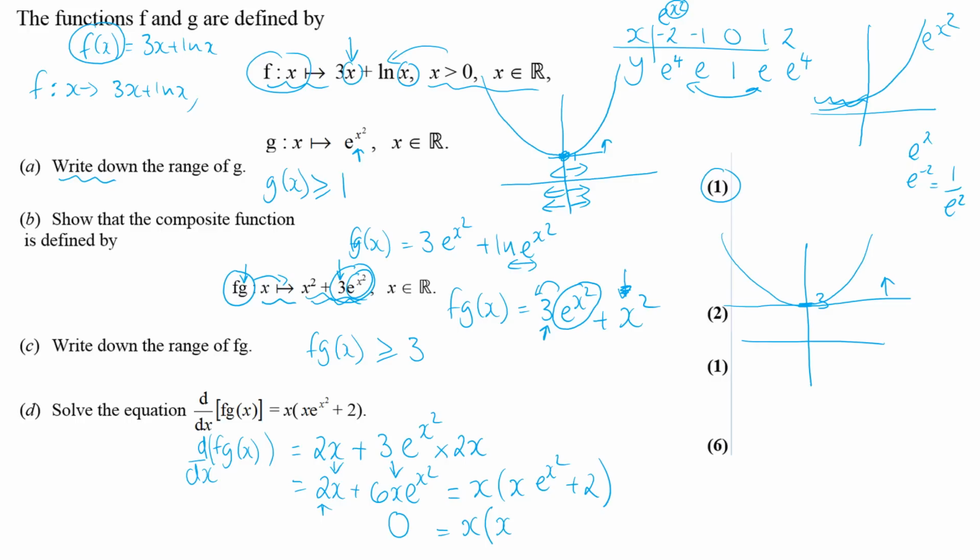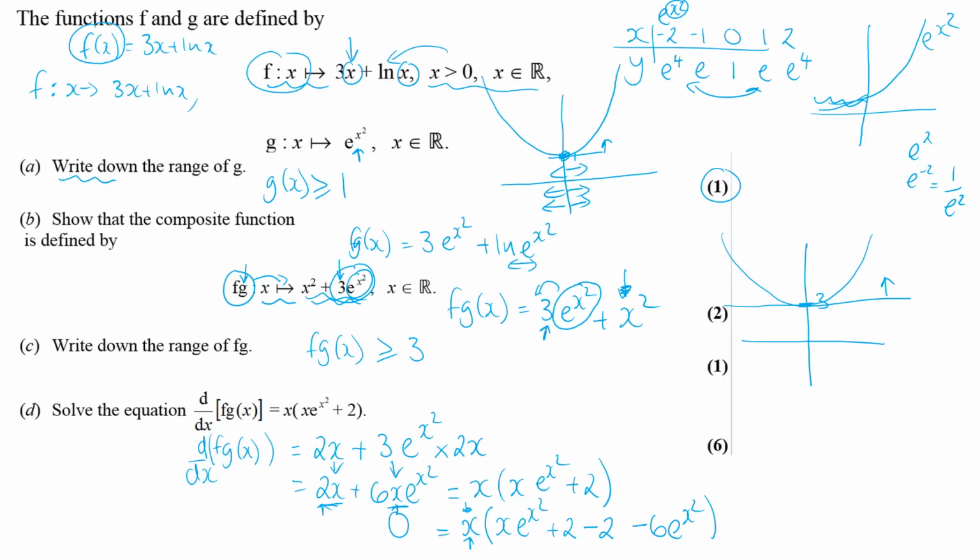So we've got x e to the x squared plus 2. These two terms, when we take them over, will be minus, so we'll have a minus 2x, but they've taken the x out here on the front, plus a 6e to the x squared. Again, that x is already out here on the front, and that's not plus, it's minus, isn't it? We're taking it to the other side.